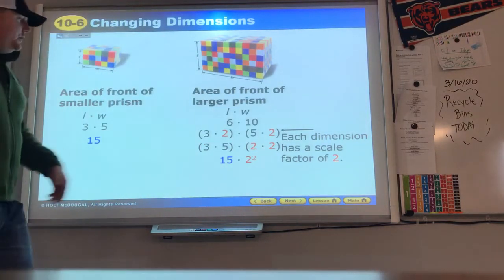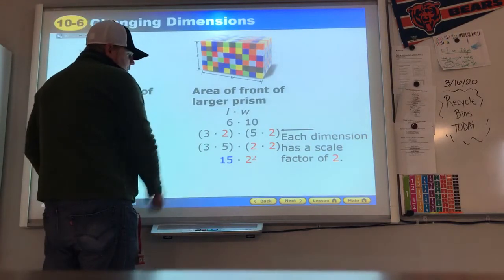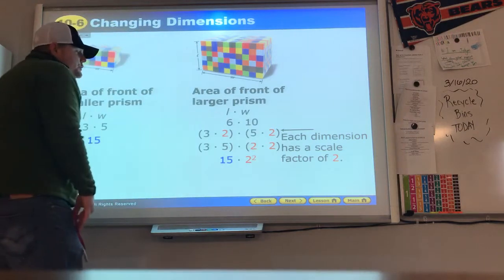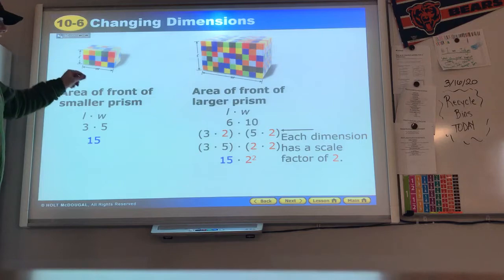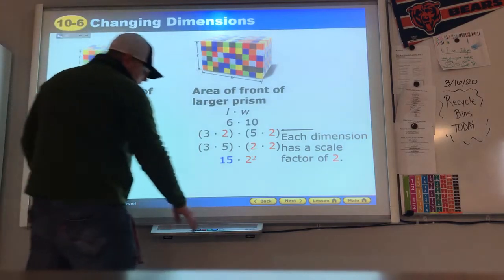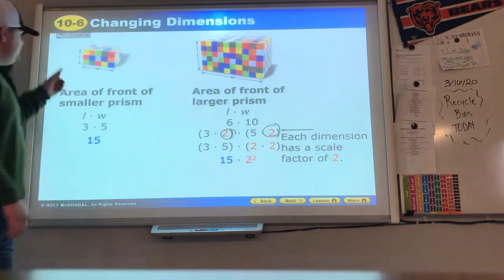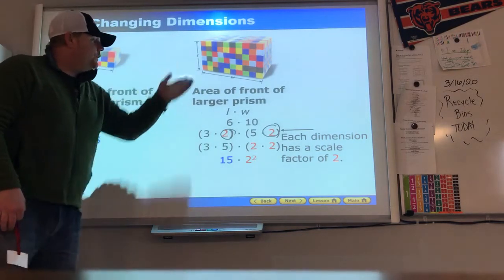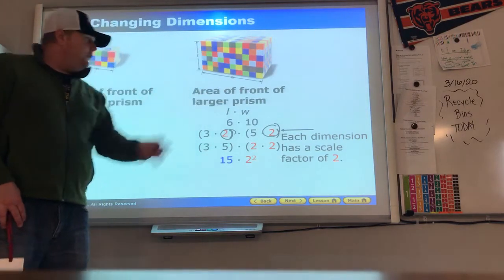But what they're showing you here with these steps, we took 3 times 2, we took 5 times 2. So instead of taking it times 2 like we took the edges, we took it times 2 twice. So when we double edge lengths, we actually multiply the surface area by 4.